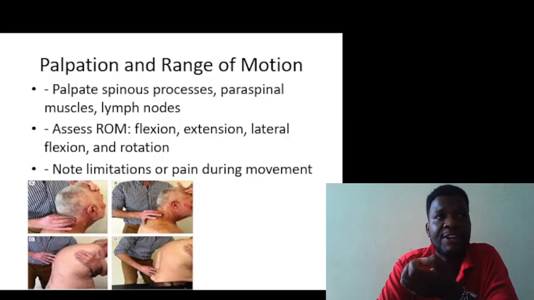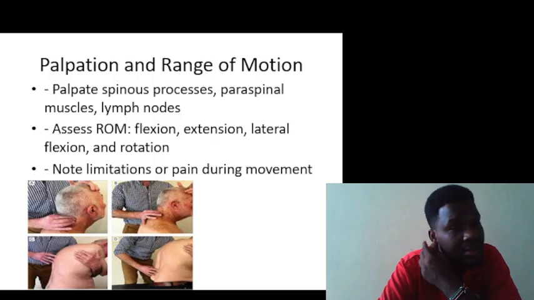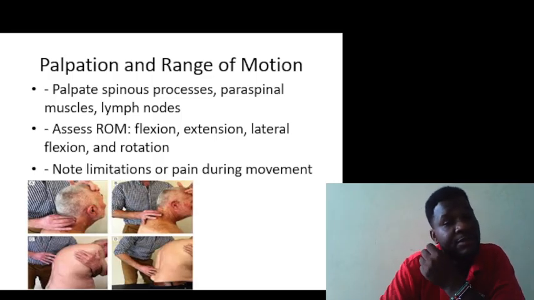Sometimes we can even feel fractures at abnormal spacing. We can also assess the paraspinal muscles and lymph nodes. Assess range of motion: we do all movements like flexion, extension, lateral flexion and side rotation.